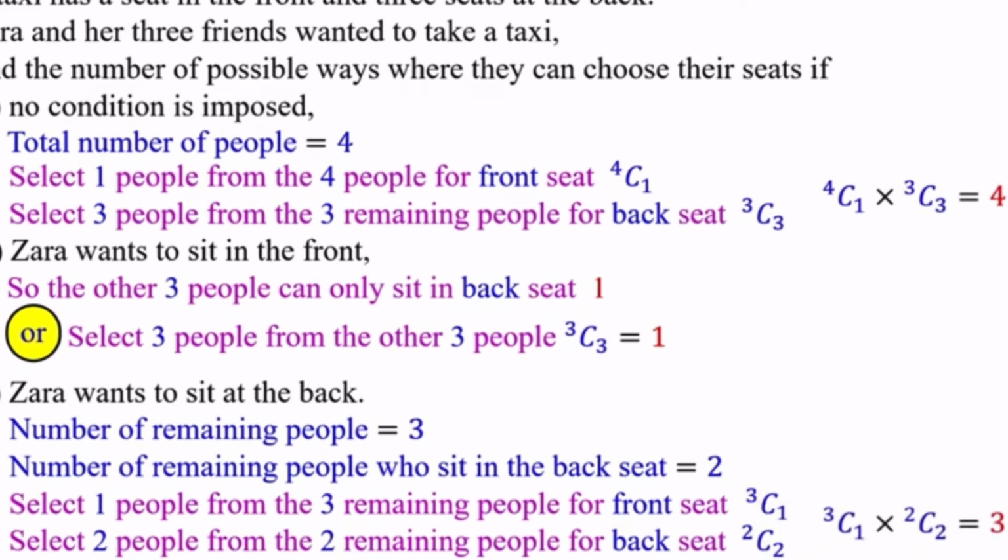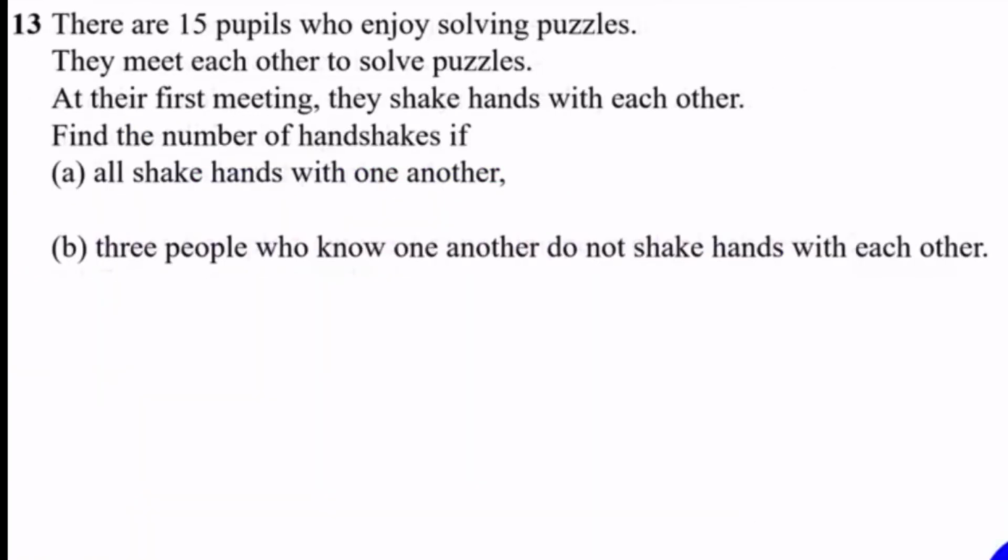Now let's move on to the next question. Number 13. There are 15 pupils who enjoy solving puzzles. They meet each other to solve the puzzles. After their first meeting, they shake hands with each other. Find the number of handshakes if all shake hands with one another.